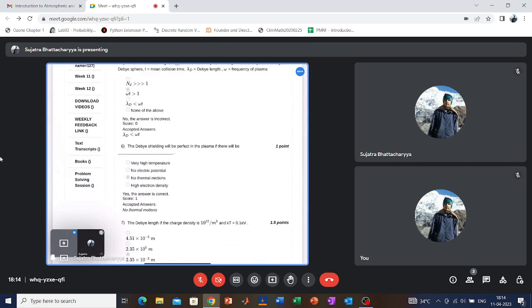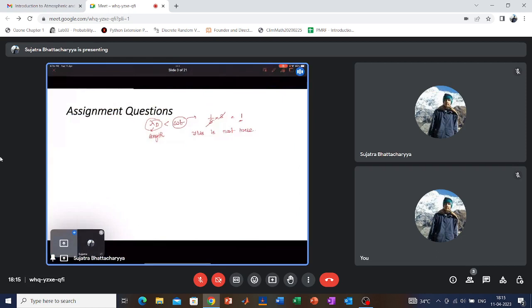Sixth question is, the Debye shielding will be perfect in the plasma if there will be, see, if there is a very high temperature, then thermal motions will exist, and this thermal motion will not allow the electron clouds to form properly, because we know that thermal motions lead to electron cloud formation in the plasma.